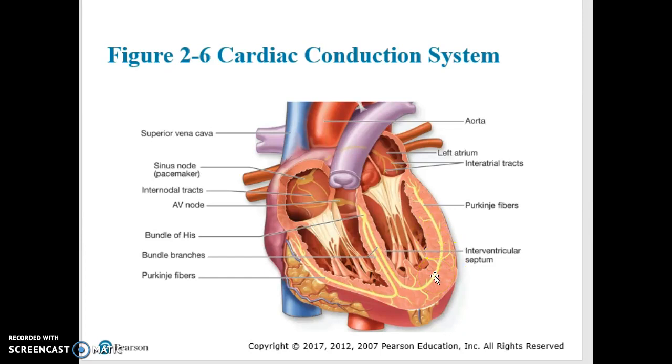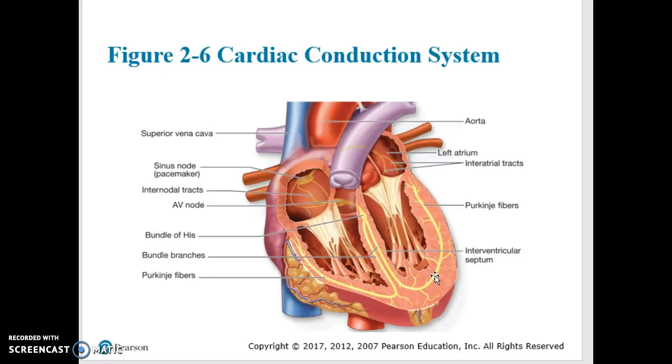So the Purkinje fibers is almost the last step, but it's not quite. The ventricle is the last step. Once this current hits the Purkinje fibers, that is the end of the track. It hits the ventricles. The Purkinje fibers release the electricity into the ventricles and cause the ventricles to contract.